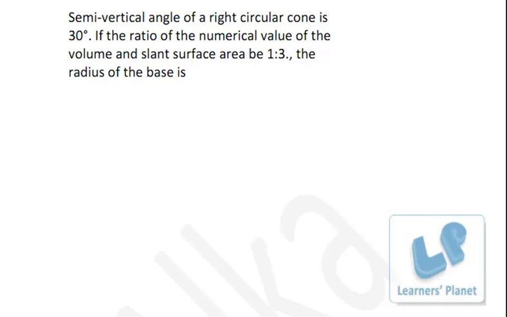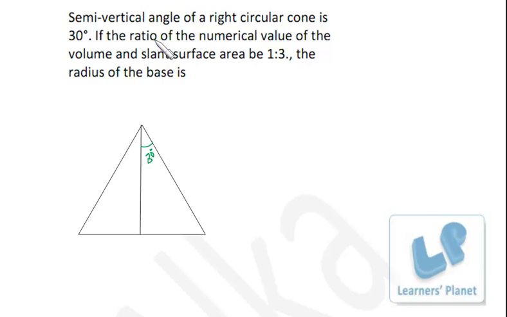Semi-vertical angle of a right circular cone is 30 degree. If the ratio of numerical value of volume and slant surface is this, what is the radius of the base? Semi-vertical angle, that means precisely, just draw. This is actually 30 degree.